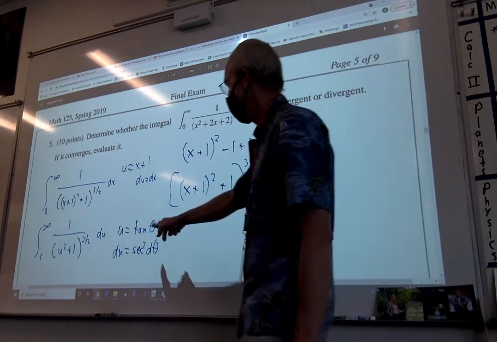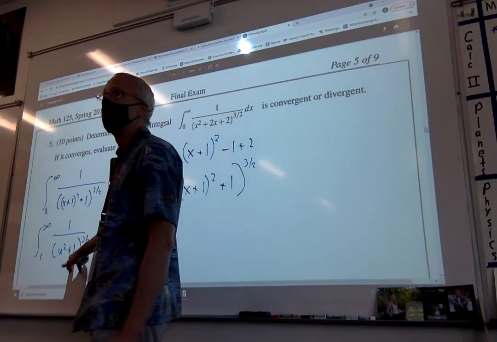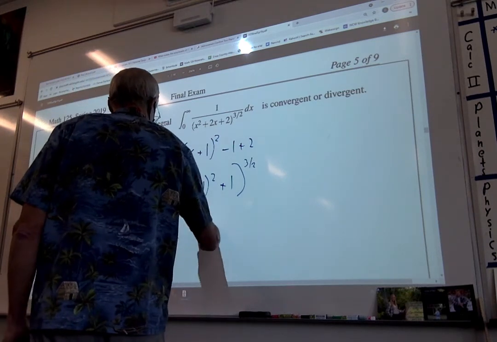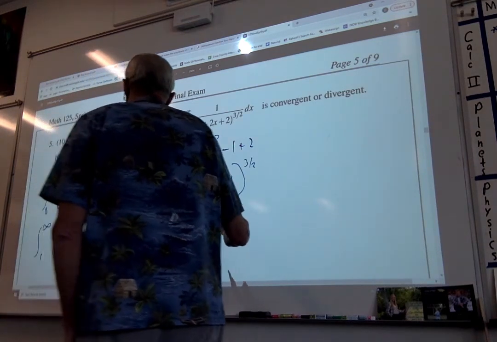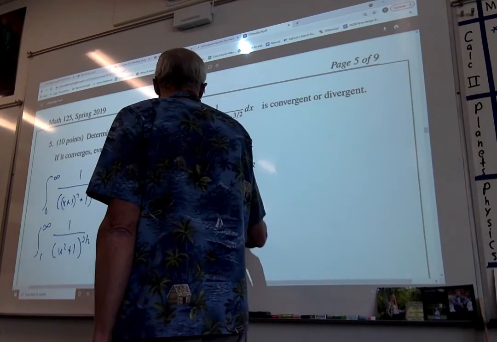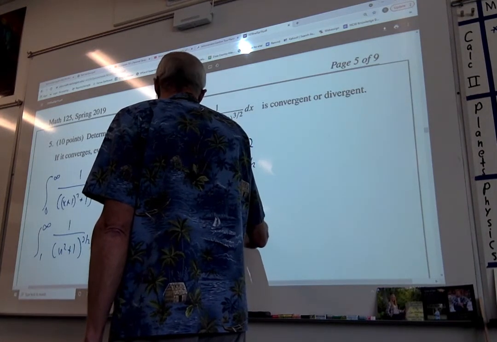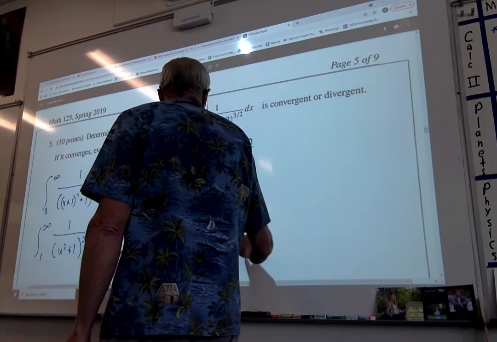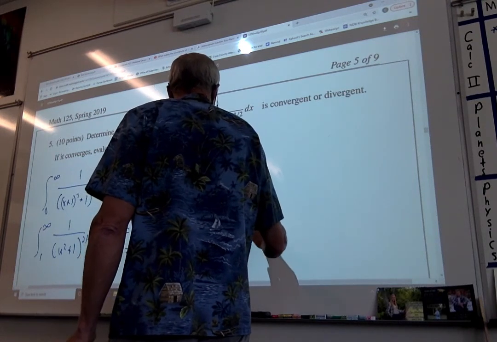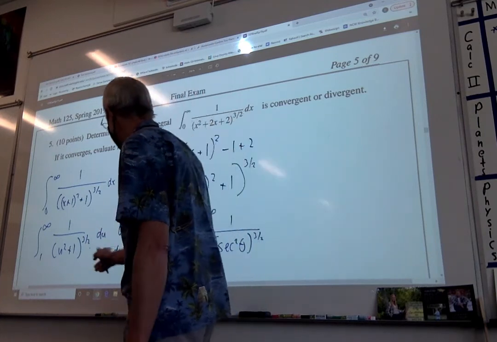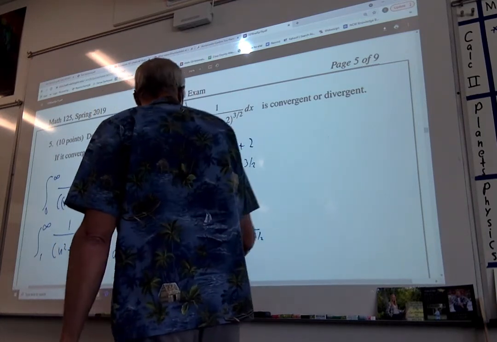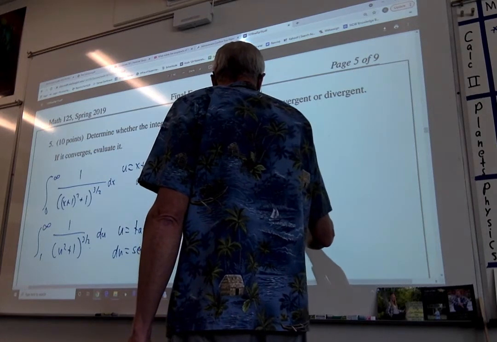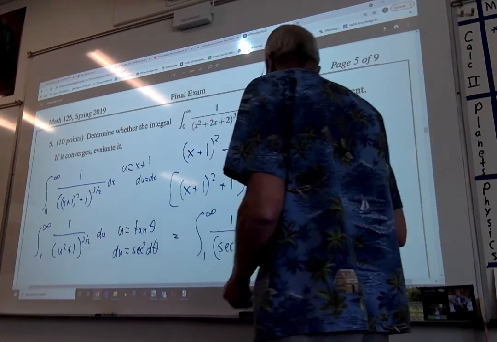So tangent squared plus 1 is secant squared. So this becomes the integral from 1 to infinity of du, so it's 1 over secant squared theta to the 3 halves, where tangent squared plus 1 is secant squared, times, don't forget the du, times secant squared theta d theta.